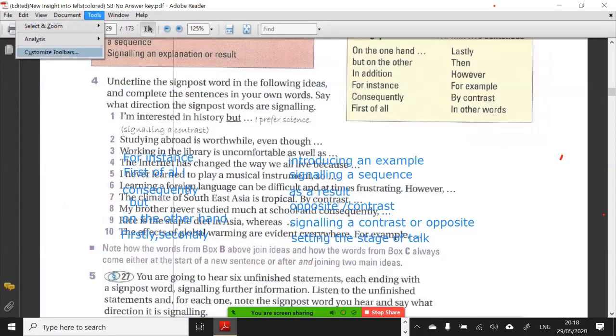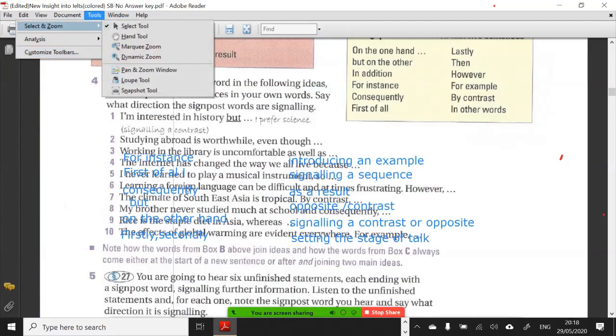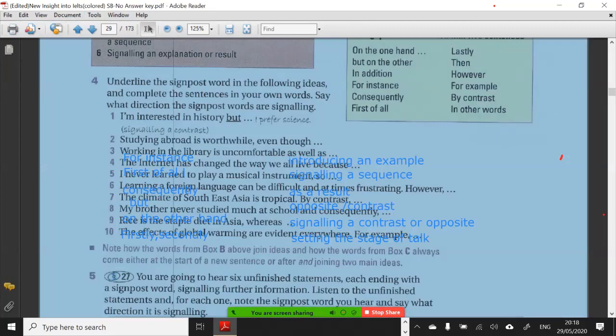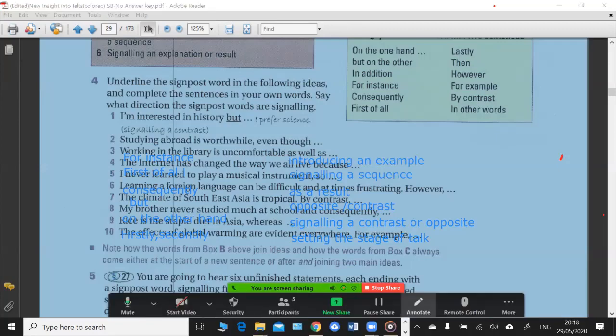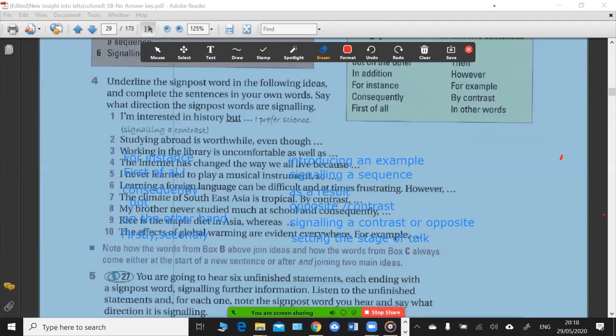There is also an eraser. You wrote there? Yes. Oh, okay. I use the Zoom eraser. Yeah, that's right. Actually, this is a new feature which I'm using, so not very familiar.